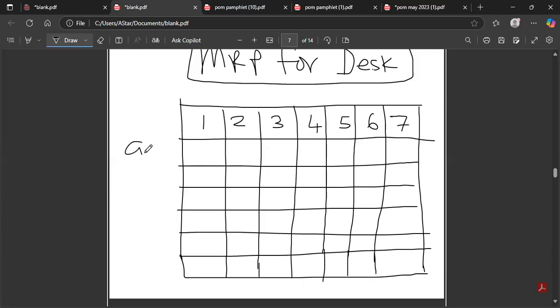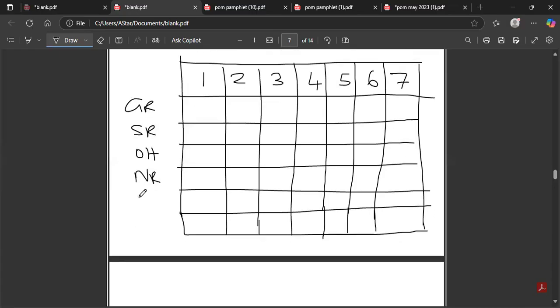The first one is gross requirements, scheduled receipts, on hand, net requirements, planned order receipt, then planned order release.